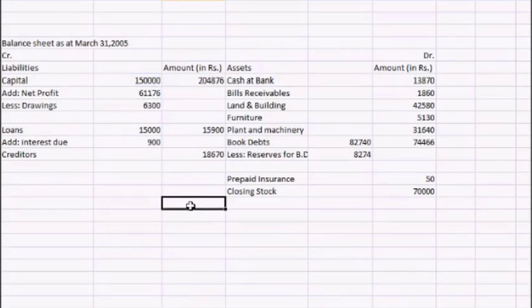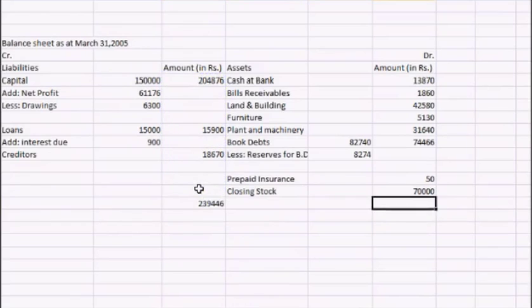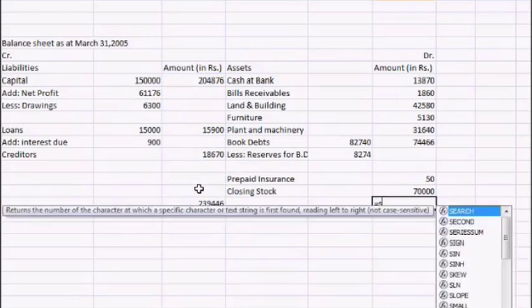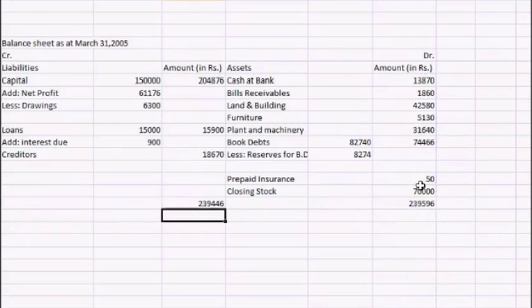So we'll sum both the sides, debit and credit. We'll see the balance. The balance should be the same on both the sides for a perfect numerical of final accounts. So we are missing out something. Let me cross check things.